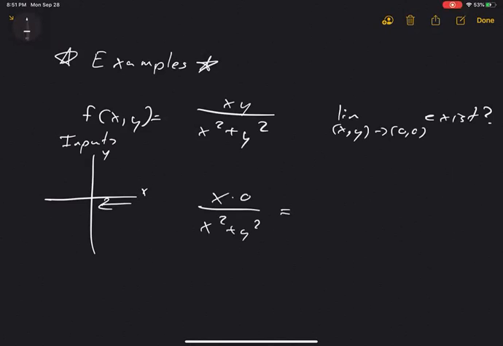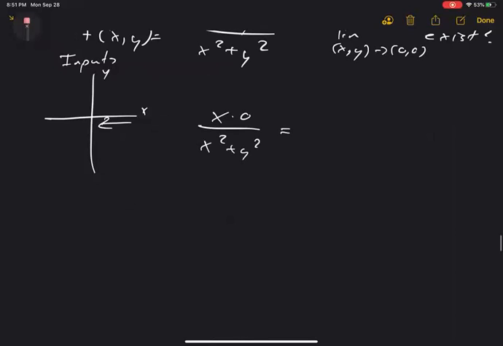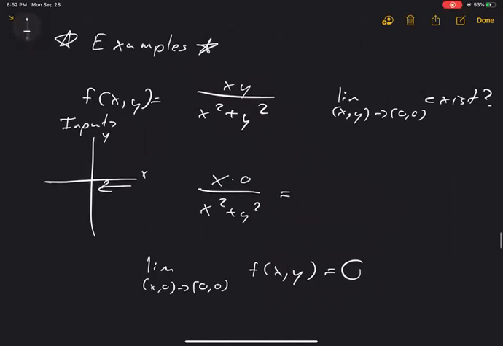That's equal to 0 over x squared plus 0. So along that x-axis, the limit is always going to be 0. So the limit as x y approaches 0, 0 of f of x y is equal to 0. Now, is there another path with a different value?